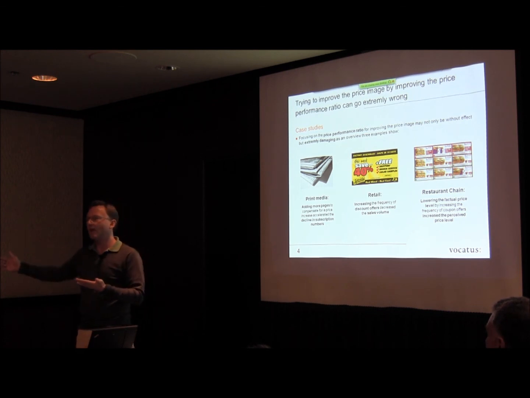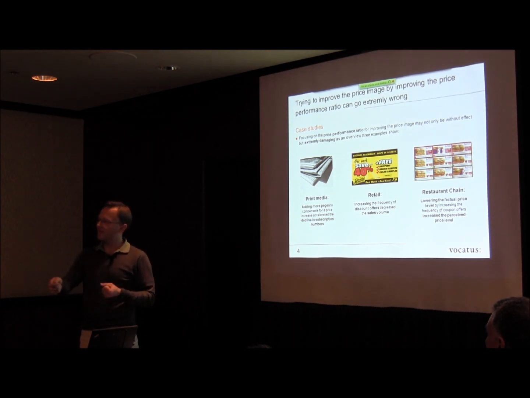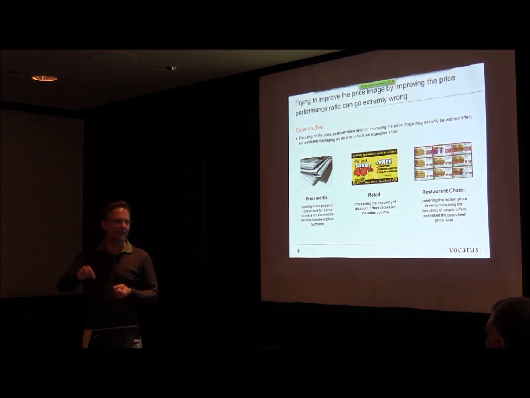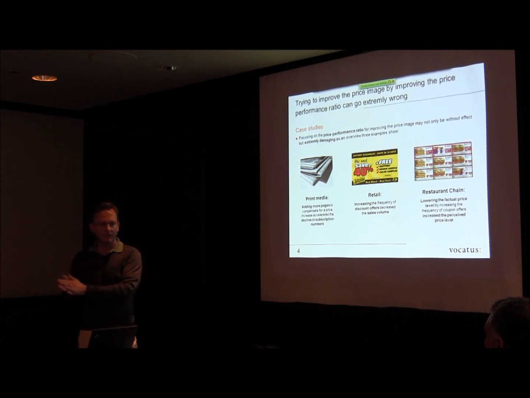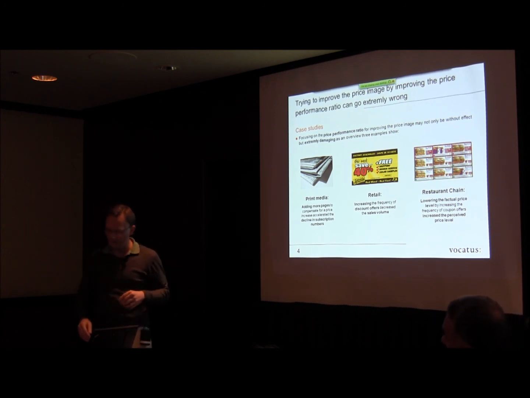At the next counter, another guy comes and says, I have a coupon, and pays half the price. That doesn't really improve the price image for the one who is paying the regular price. So there's also a downside of this couponing, but we don't understand this downside if we see price image only as price and value, because if it consisted only of that, price image should go up with this kind of couponing.